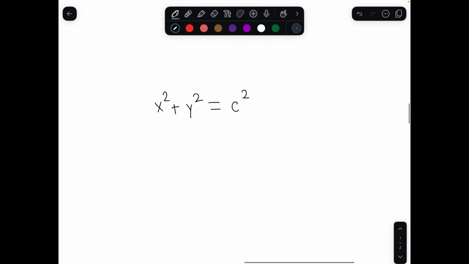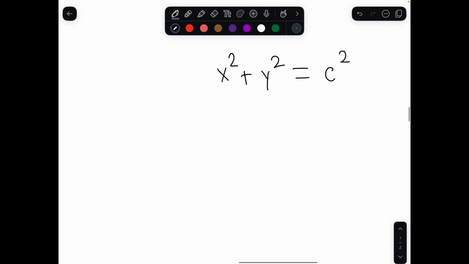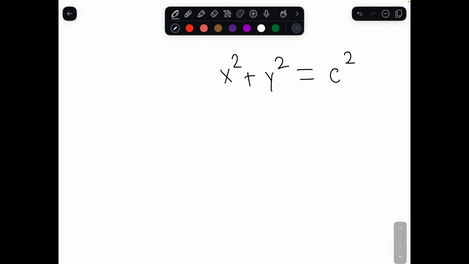So now, let's take the derivative of this. If we were to take the derivative of x squared, you would get 2x. And remember, as I said in my previous video, since you're taking the derivative with respect to time, not the same variable: if we were taking it with respect to x, it would just be 2x.